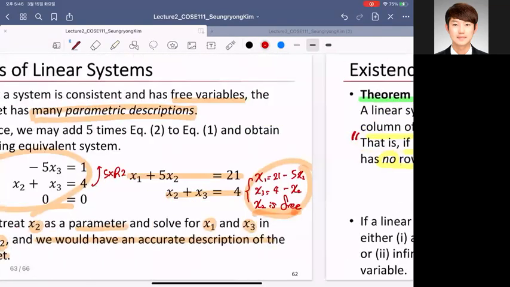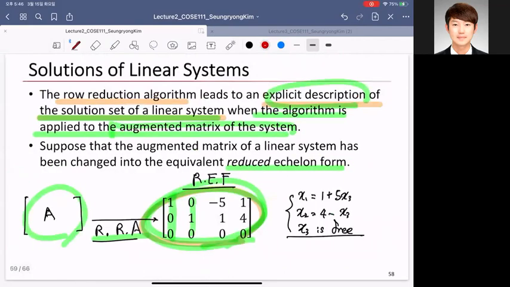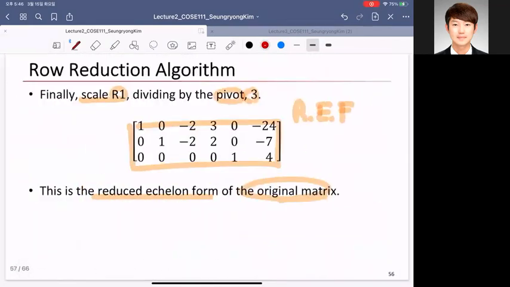Okay, so I would like to show you this example. Here, it was an echelon form. Theorem 2 says that if the echelon form of the augmented matrix has a row 0, 0, 0, 0, 0, and for example 4, it does not have a solution and it's going to be inconsistent.